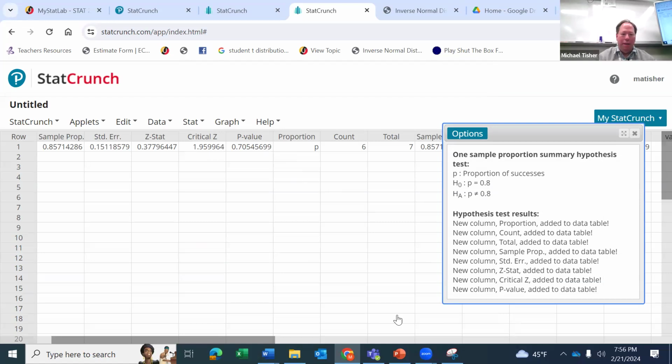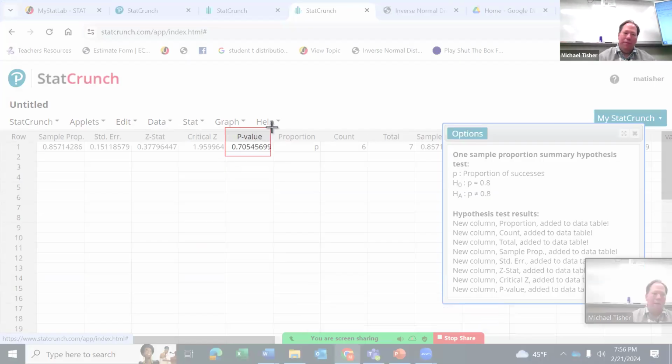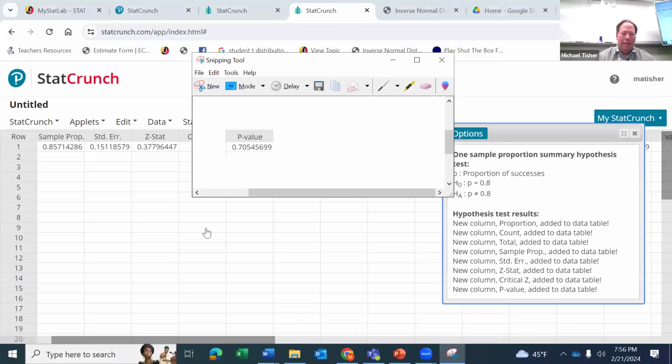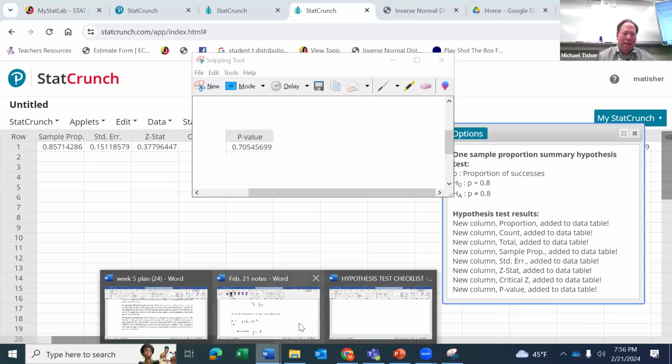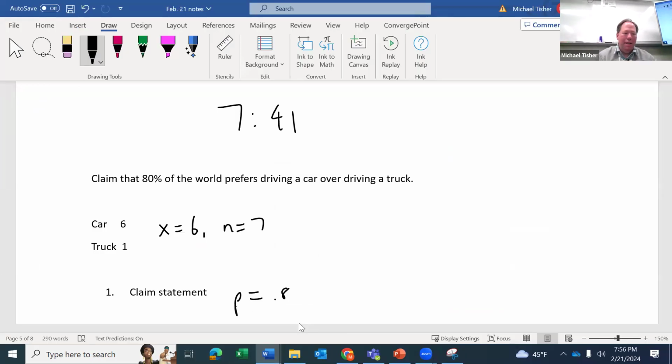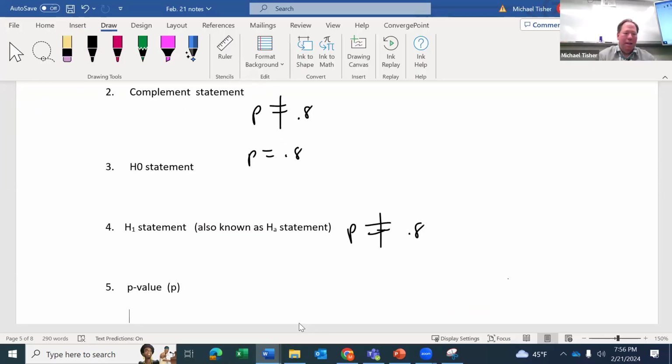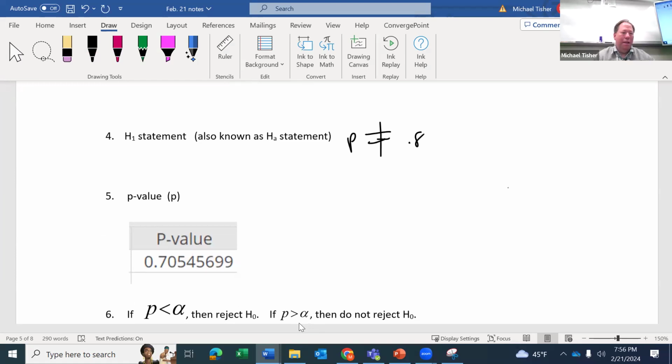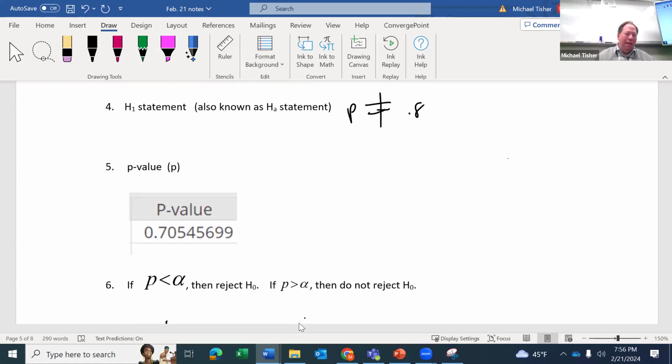All right, here's the p-value again, which is mind-blowing. And why is it mind-blowing? It's mind-blowing because do we reject H0 or not reject H0?